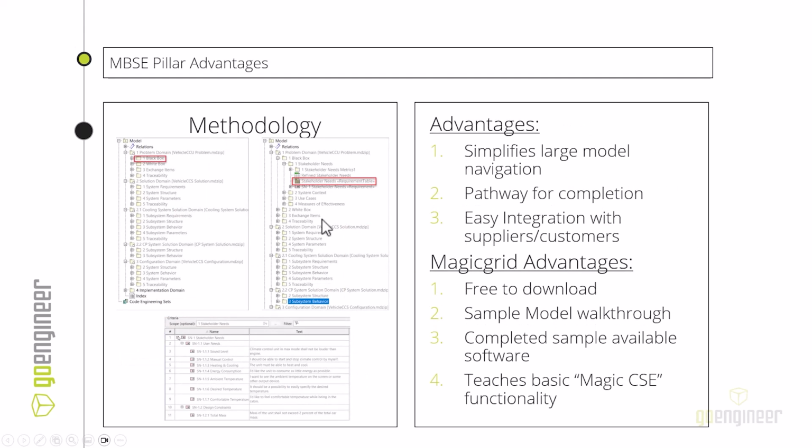Since you are getting the tool and the methodology from the same place, you also have the completed sample that's available in the software. When you go through that walkthrough, it'll allow you to understand some of the basic functionality of the tool. So you're really getting double the bang, because you're able to understand the methodology while also understanding some of the tool functionality as you go through this methodology.